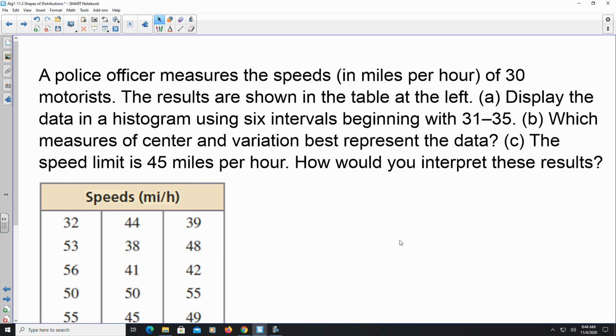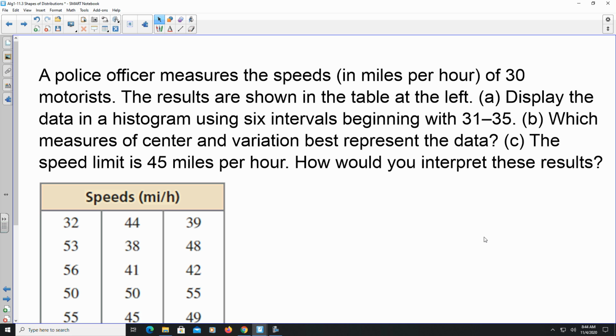First, they want us to display the data in a histogram using 6 intervals, beginning with 31 through 35. Second, part B, they want us to measure the center of variation that best represents the data. And then it says the speed limit is 45 miles per hour. How would you interpret these results?